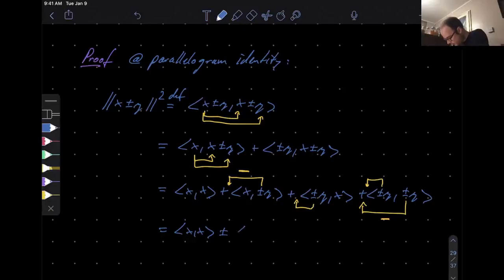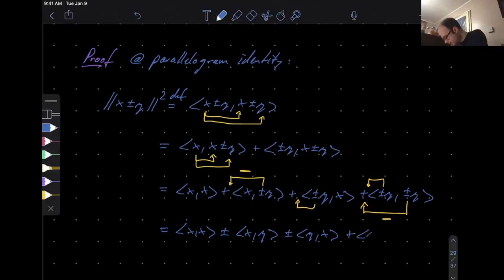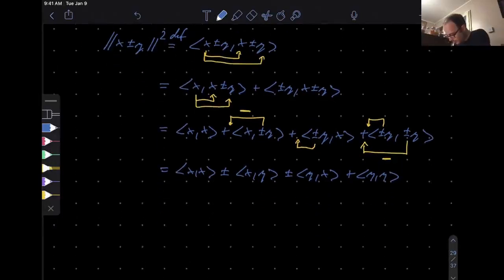So the thing that you go out with is this, plus minus yx, and then plus minus 1 times plus minus 1 is plus 1. Okay, so at the end you have x squared plus y squared, and now what you have here is plus minus, and then remember this one here by conjugate symmetry is xy complex conjugate bar.